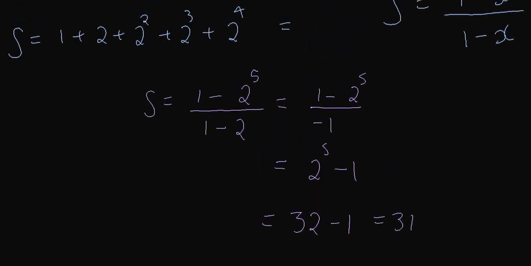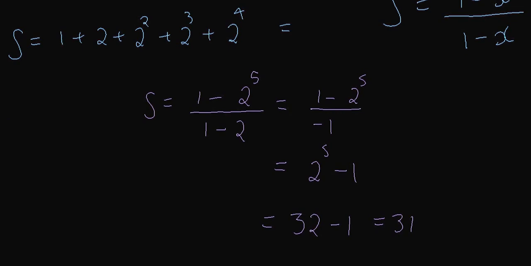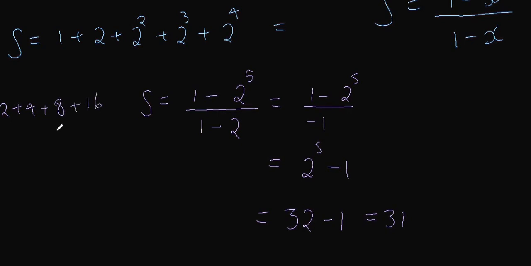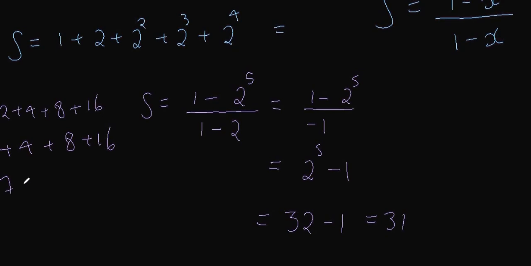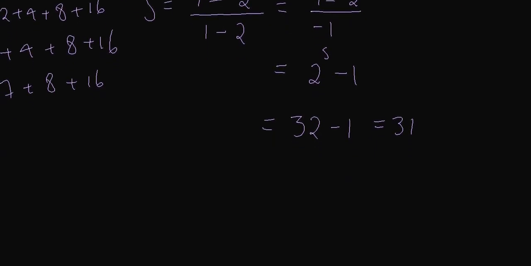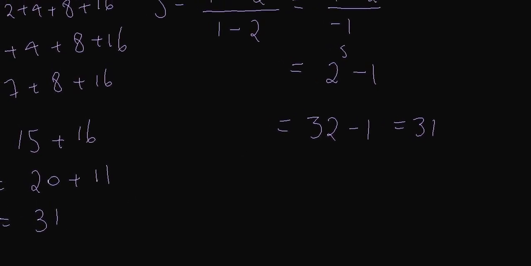So this is the sum, and if we write down the sum, we get 1 plus 2 plus 4 plus 8 plus 16, which is equal to 3 plus 4 plus 8 plus 16, so this is equal to 7 plus 8 plus 16, so this is equal to 15 plus 16, which is equal to 31. So it's exactly the same result.